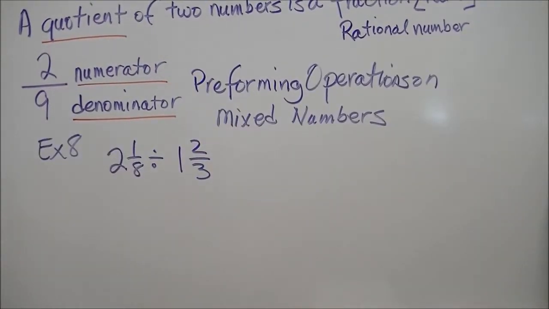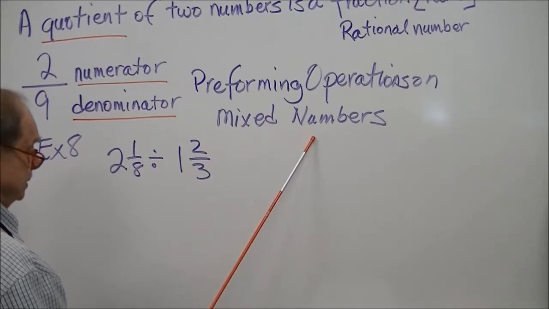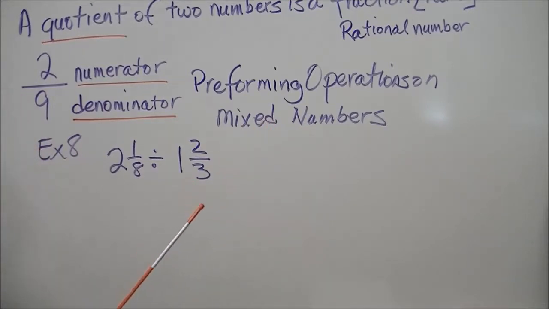All right, moving on, and we're on page 21, although you may not see it. We are going to be performing operations on mixed numbers. Now remember, we said mixed numbers were numbers that had a fraction and a whole number.